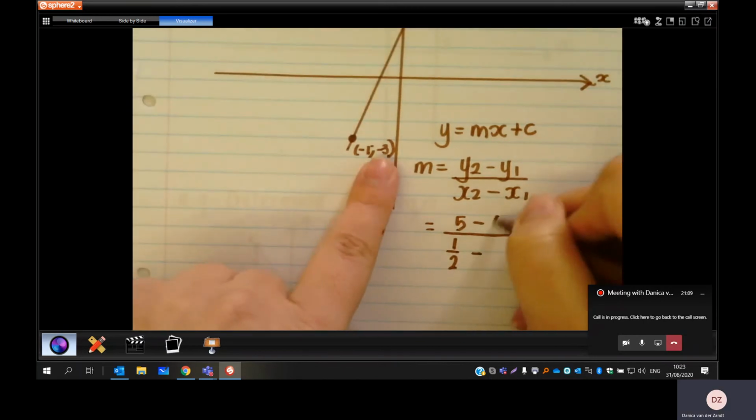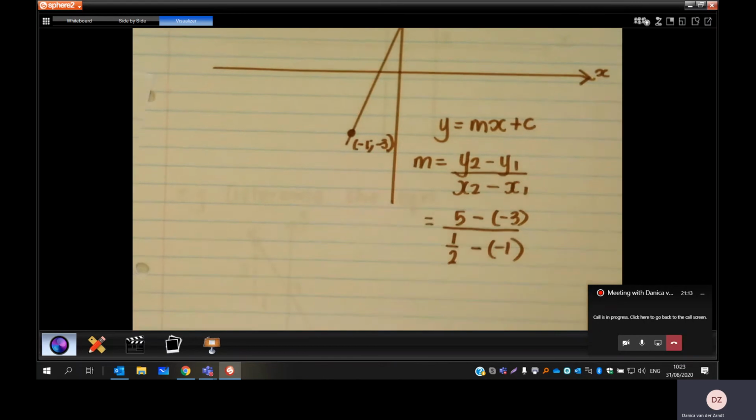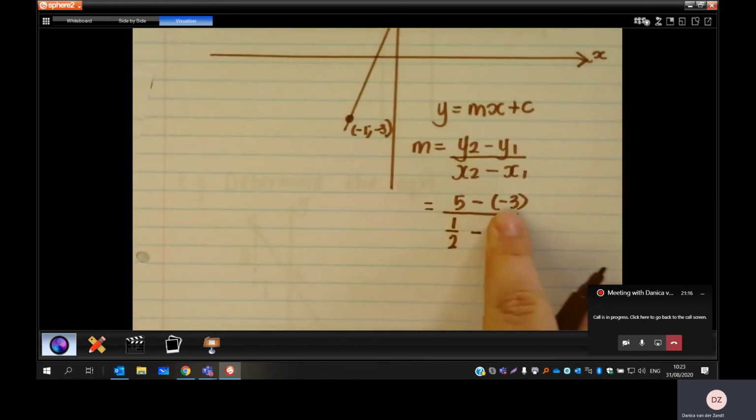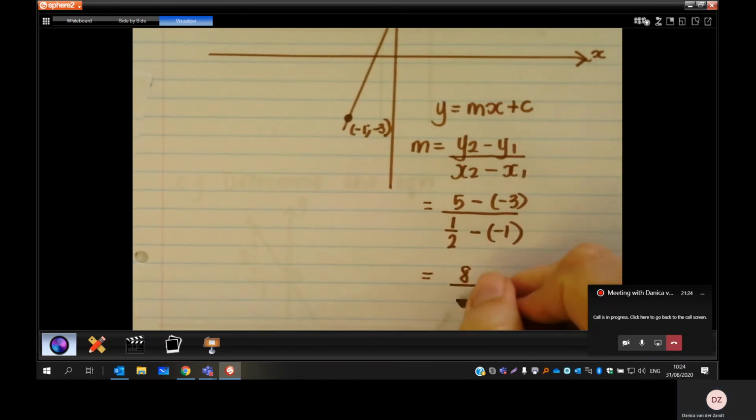My minus 3 is my y, my minus 1 is my x. 5 minus minus 3 means plus, so 5 plus 3 is 8. A half plus 1 is 1.5, which is 3 over 2.